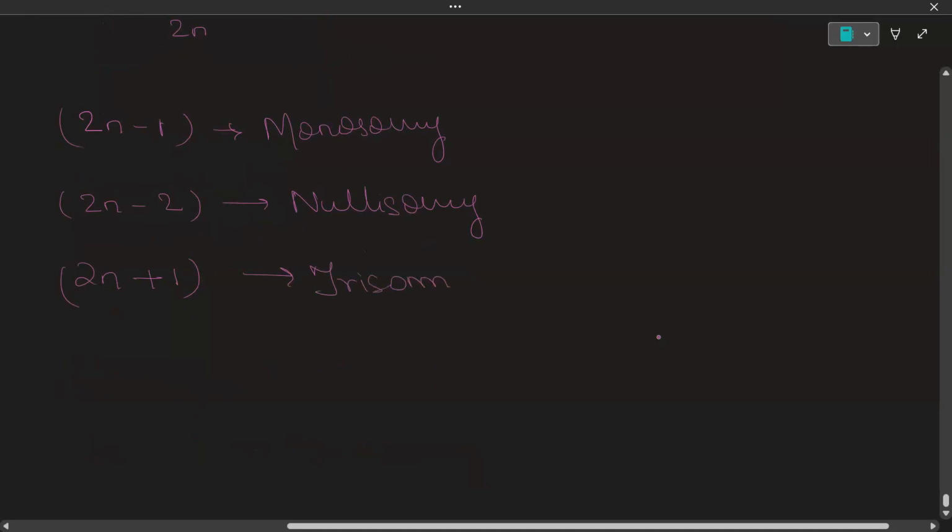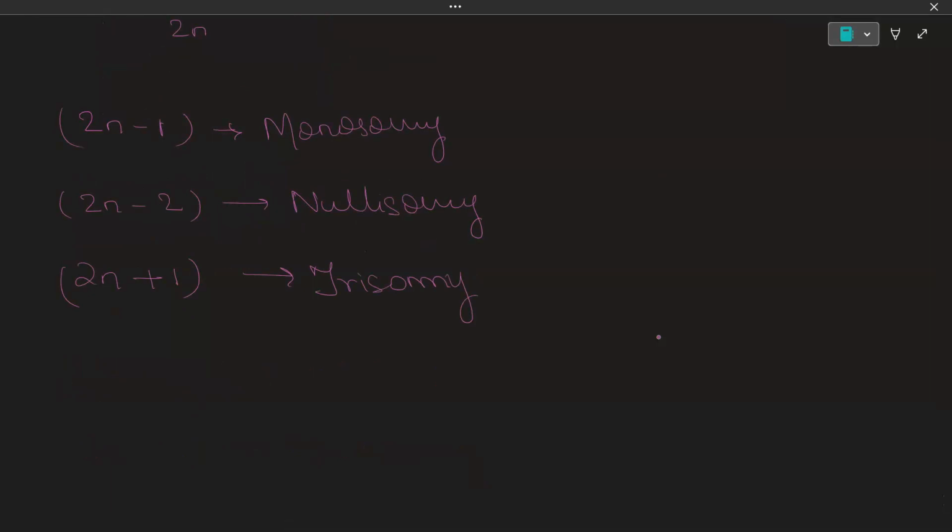So here either the chromosome number can be reduced, or it can be increased. In 2n minus 1, one chromosome is subtracted. In nullisomy, 2 are subtracted, but here 1 chromosome is added. An extra one is being added. Getting my point?